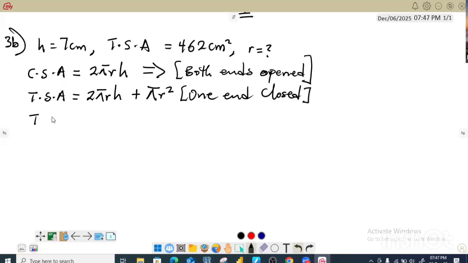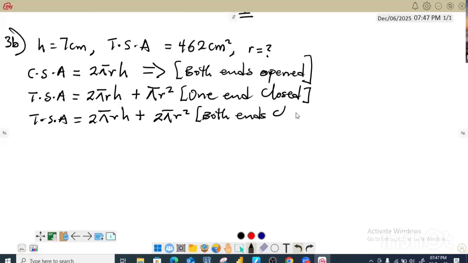But when both ends are closed, it means the two circular ends are closed, so you have two areas of circle to be added. But we are looking for the one in the middle. They said one end is closed.